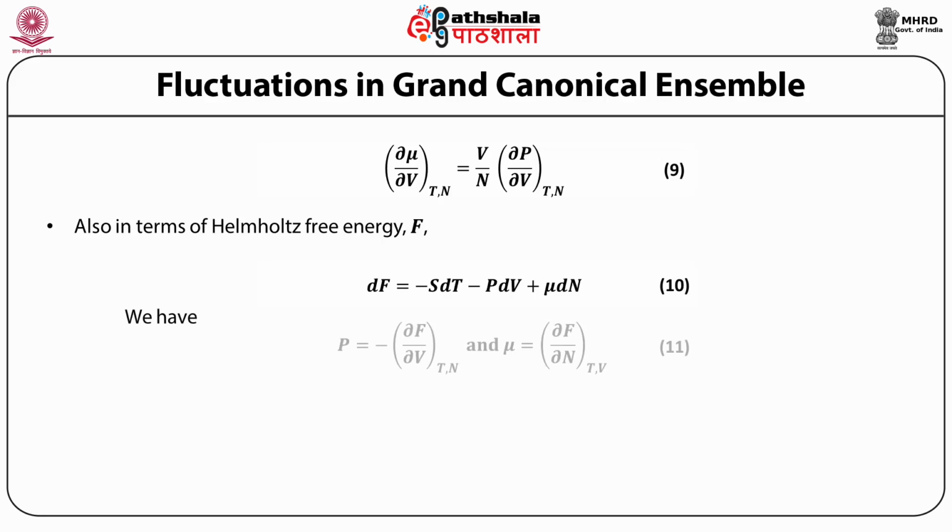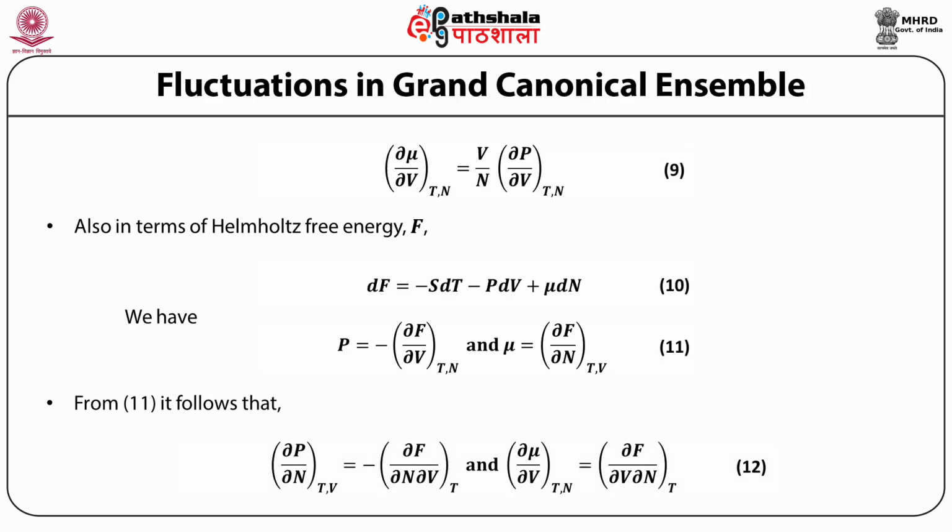We have P is equal to minus the partial derivative of F with respect to V at constant T and n, and mu is equal to the partial derivative of the Helmholtz free energy with respect to n at constant T and V. From 11, it follows that the partial derivative of P with respect to n at constant T and V is equal to the negative of the partial derivative of F with respect to n and the partial derivative of this with respect to V, and the partial derivative of mu with respect to V at constant T and n is equal to the second order derivative of F with respect to V and n respectively.